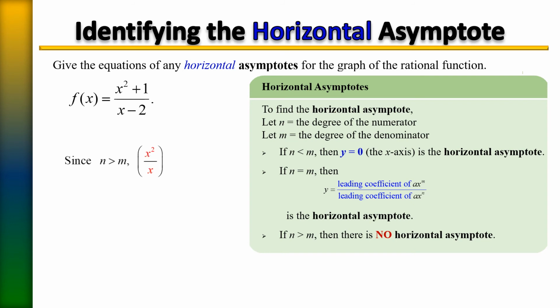So we have 2 on top and 1 on the bottom, which means this is top heavy. In the case where n is greater than m, the degree of the numerator is greater than the degree of the denominator, which means by definition there is no horizontal asymptote.